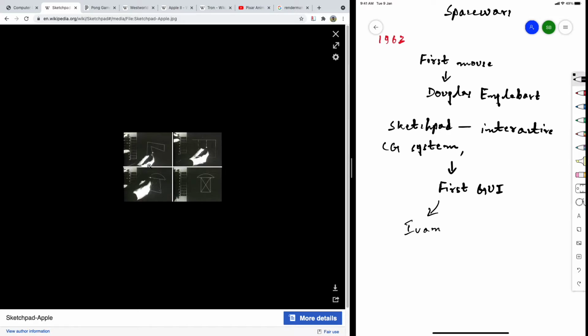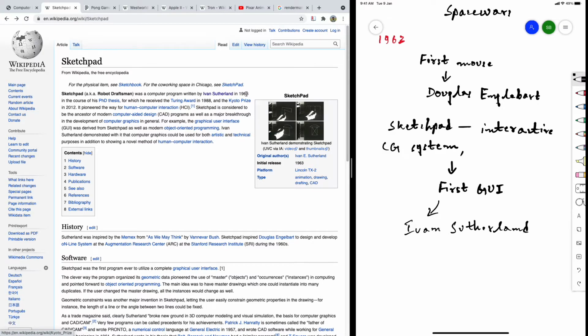In this image he is demonstrating the Sketchpad, which was developed as part of his PhD thesis, for which he received the Turing Award in 1988 and the Kyoto Prize in 2012. So it was a groundbreaking discovery. Whatever menu systems and GUI components we are using, he was the pioneer of all this.